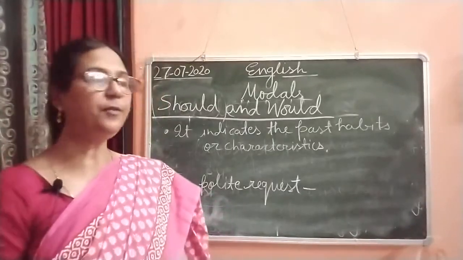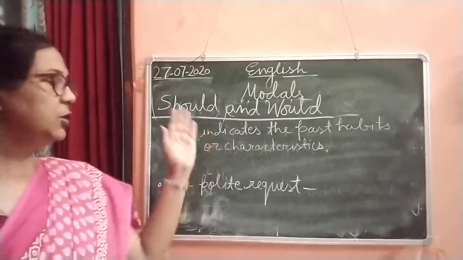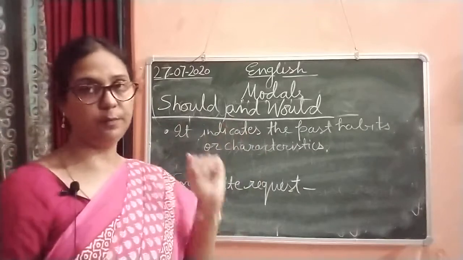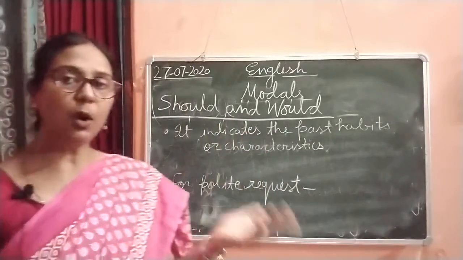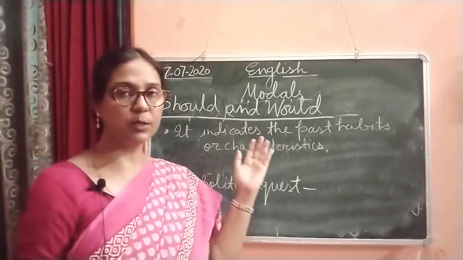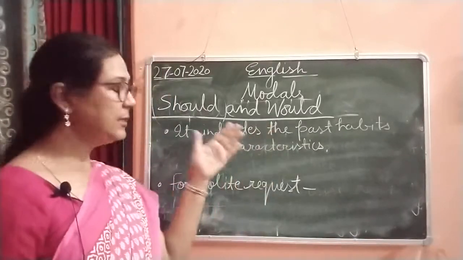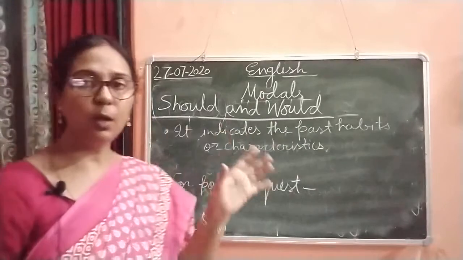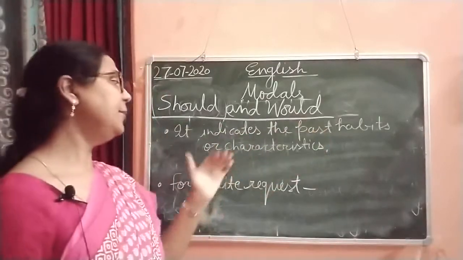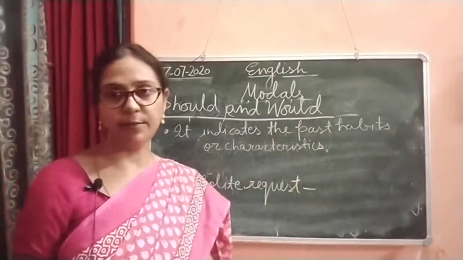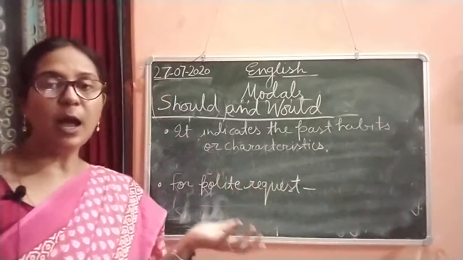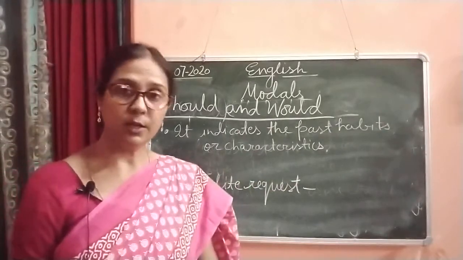Now, after the use of should, we are moving to the uses of would. Now, as you all know, this is the past equivalent of will, so it is called would. Now, the second point we have to focus on is that it indicates the past habit or characteristics of someone. So, he would walk around 1 hour after taking the dinner.